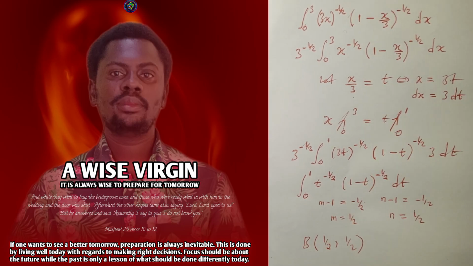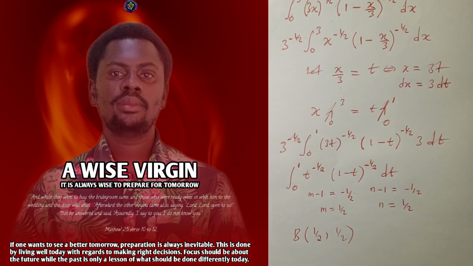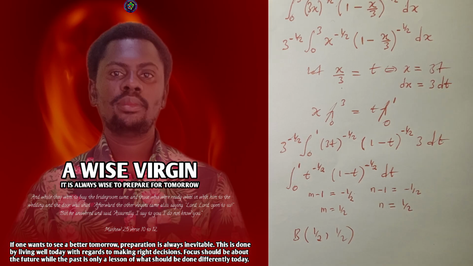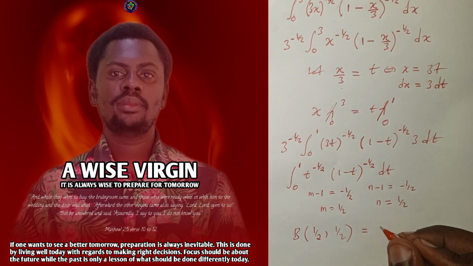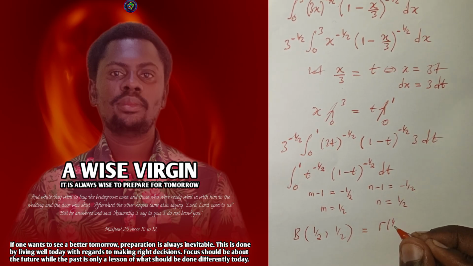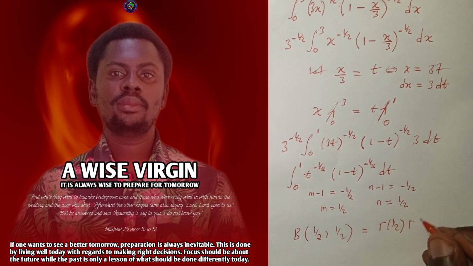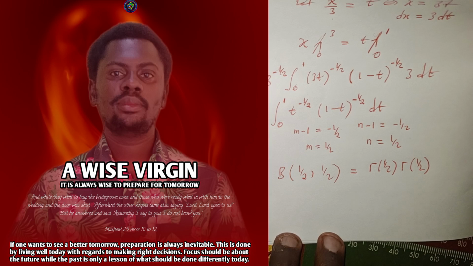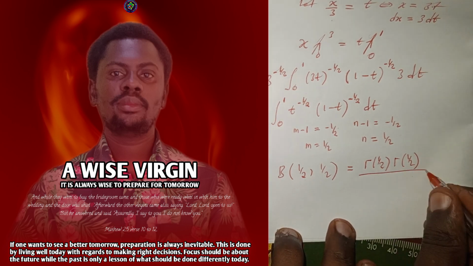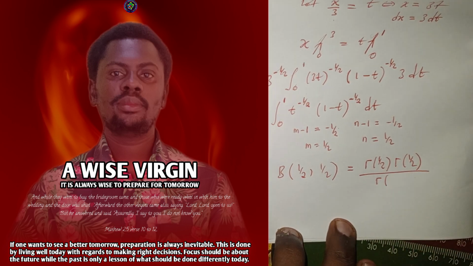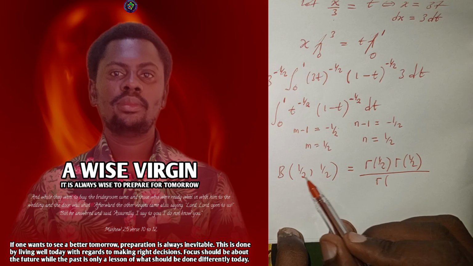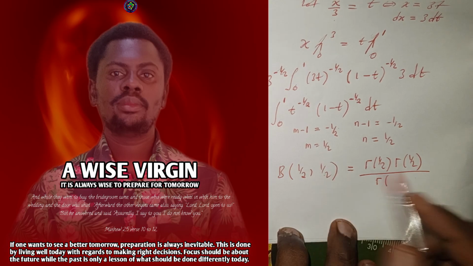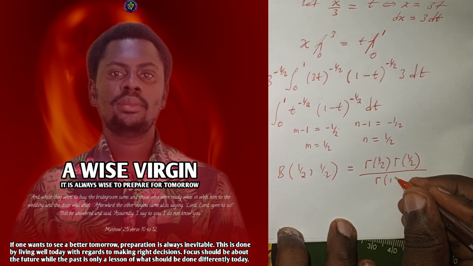And we know that a beta function is related to a gamma function. It is the product of gamma of 1 over 2 and gamma of 1 over 2, over gamma of the sum of 1 over 2 and 1 over 2. So 1 over 2 plus 1 over 2 gives 1.